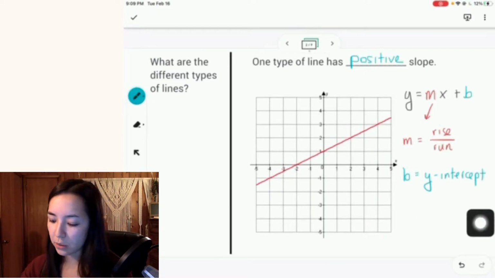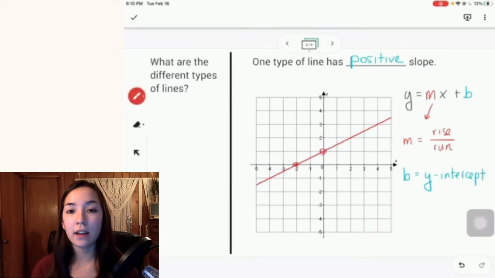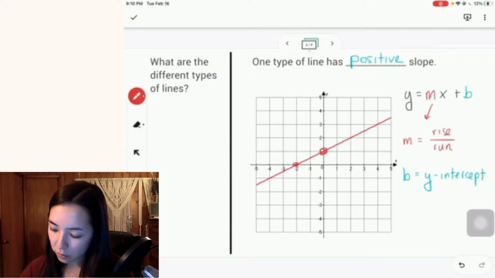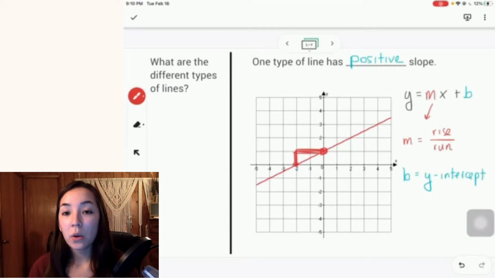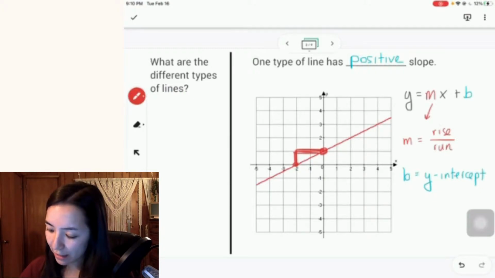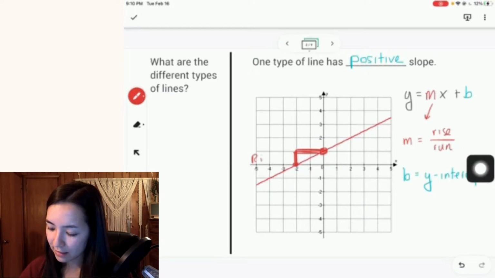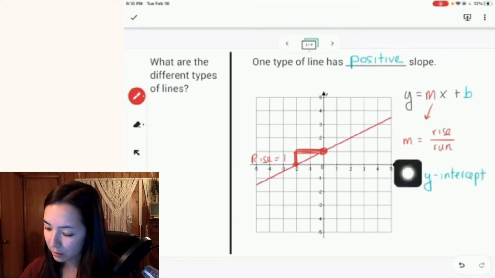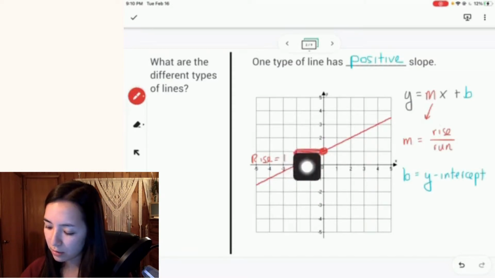First, let's look at our slope. I'm going to pick 2 points on our line and draw a slope triangle between them. We can see that our rise goes from 0 to 1, which means our rise is 1, and our run, which goes from -2 to 0, so 1, 2, our run is 2.